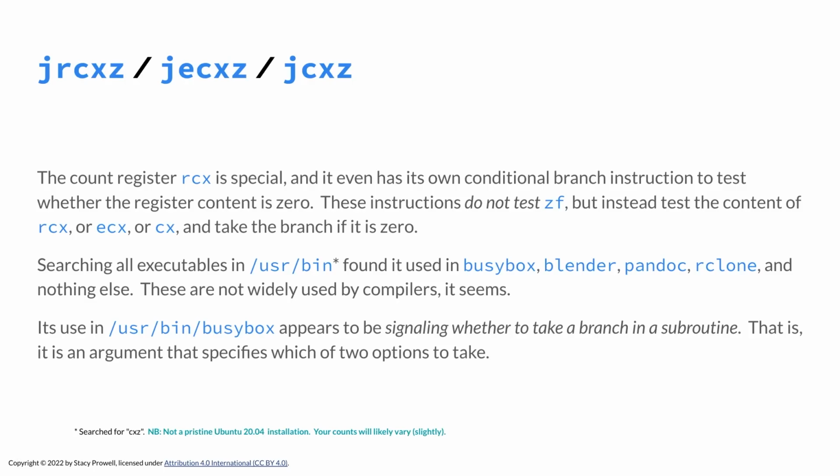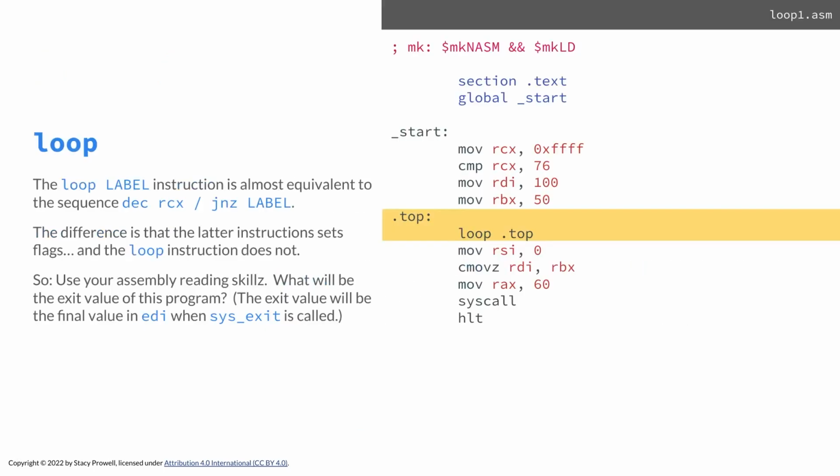I looked in BusyBox and did some disassembly to see where it's being used, and it's used to signal whether to take a particular branch in the subroutine, unsurprisingly. Let's talk about loop. So we've seen loop.